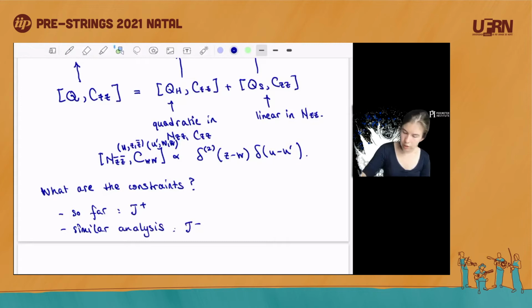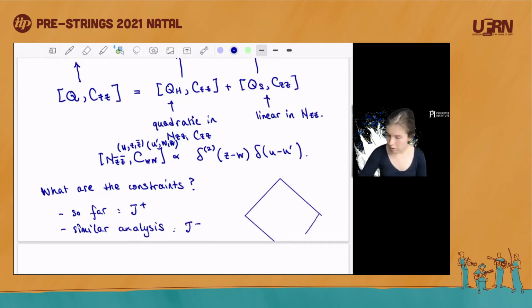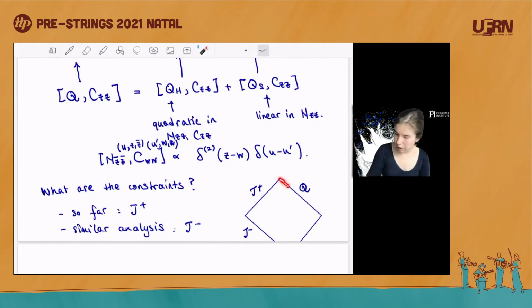So let me just illustrate this here. We have an asymptotically flat spacetime. This is Scri plus from last time. This is Scri minus. And we have some charge, which we call Q, which is defined on Scri plus. You can see from the notes.